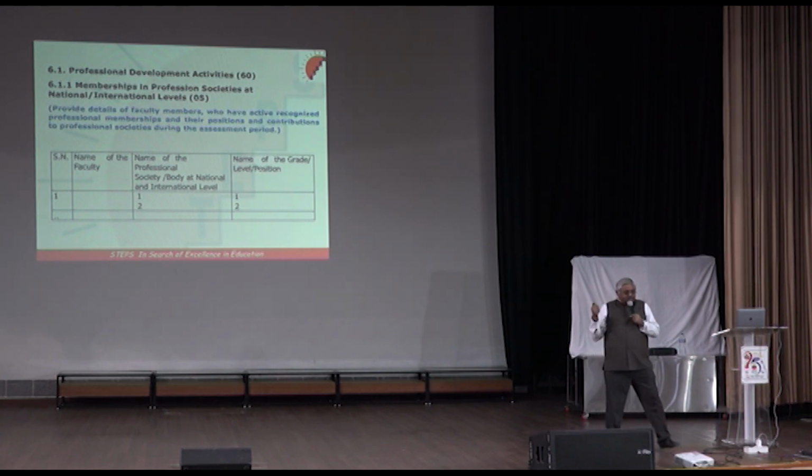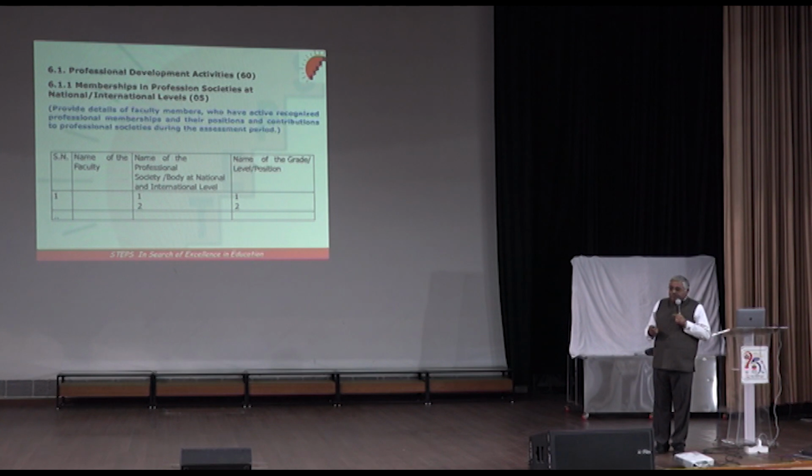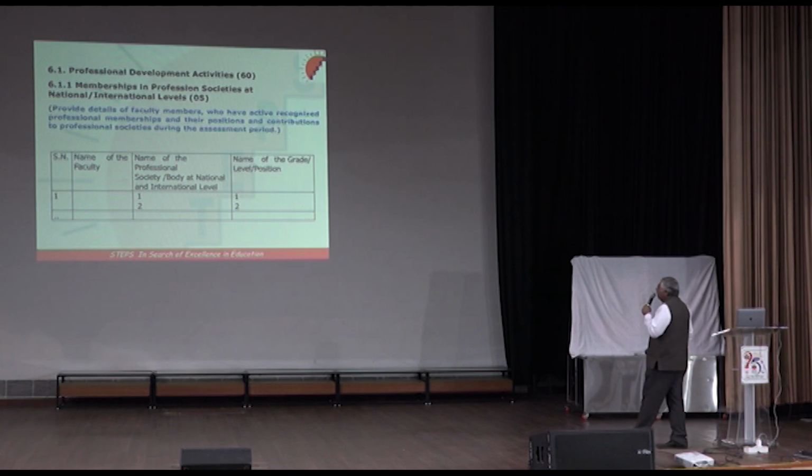Where we stand. So my request is that every faculty member should take membership of professional bodies, which is required in NAC 2. There are marks for NAC as well as it has been incorporated into this.